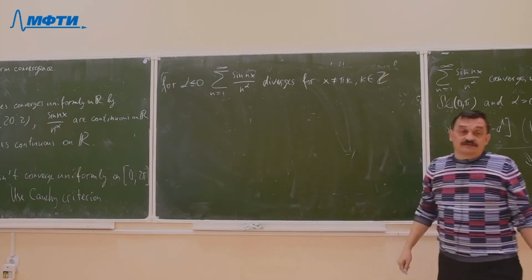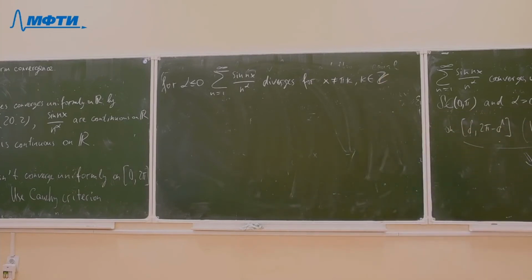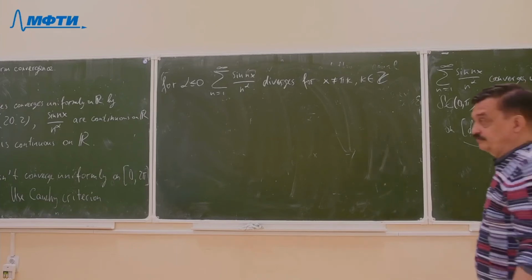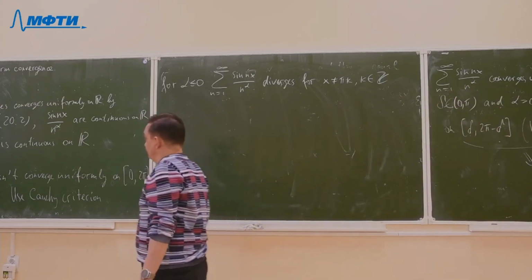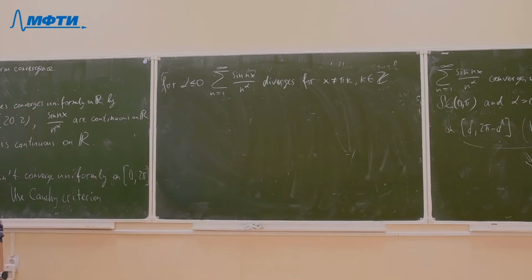We did it before when we considered series, and if we haven't even convergence, then for sure we haven't uniform convergence as well, right?